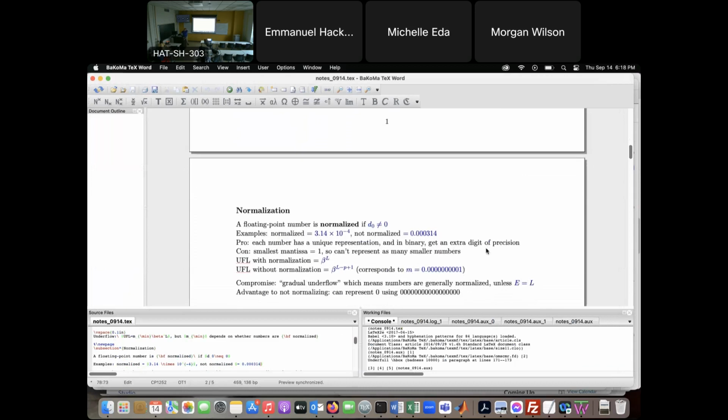And one nice thing about not normalizing for small numbers is that if what you've stored for your floating point number is all 0, that actually corresponds to the value 0. That's one problem if you always normalize: you can't represent 0. That would be a bit of an oversight. But now we can. In fact, we have 2 zeros. You can have 0 with a plus and 0 with a minus. So we have plus and minus 0.